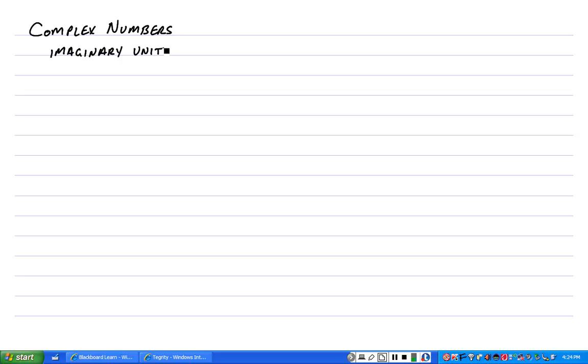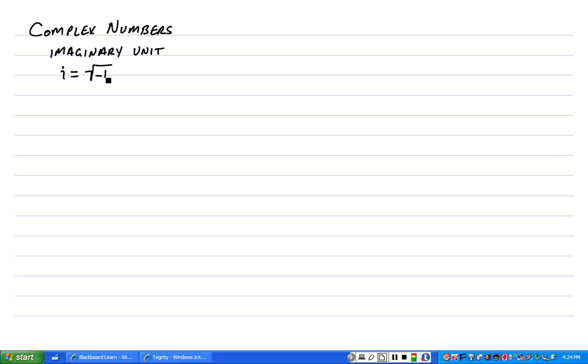We talked on a couple of occasions about how we can't take the square root of a negative number. Well, an imaginary unit is defined by i equals the square root of negative 1. This is a way for us to deal with taking the square root of a negative.